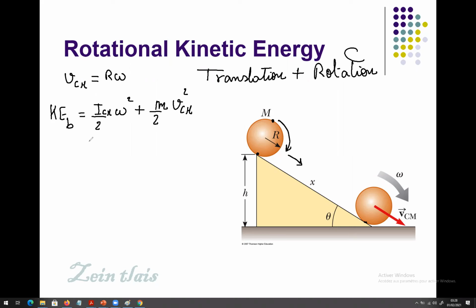Okay, you know ICM of a ball is a given value equals to 2 over 5 m r square. R is the radius, m is the mass of the ball. And also you know v cm equals to r omega. Okay, we can do some application about this point to understand very well the situation.